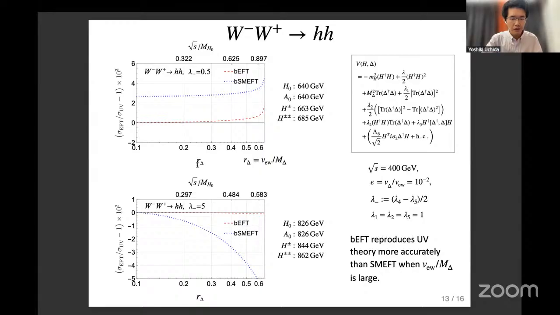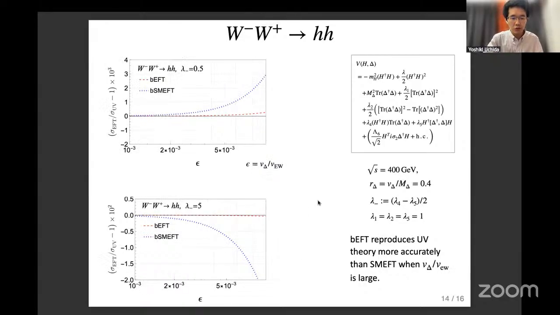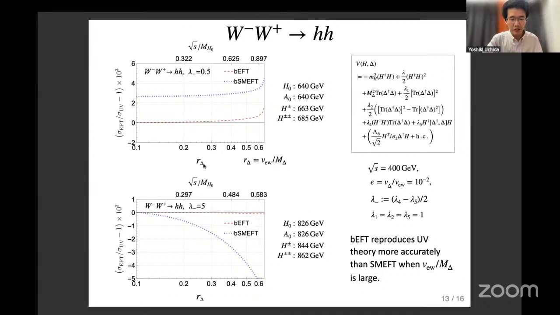If we take lambda minus as a larger value, then the deviation becomes much larger, because this is 10 to the 3 and this is 10 to the 2. So in this case, the deviation between these two effective field theories becomes much larger. And R delta is the ratio of the electroweak scale over the triplet mass.